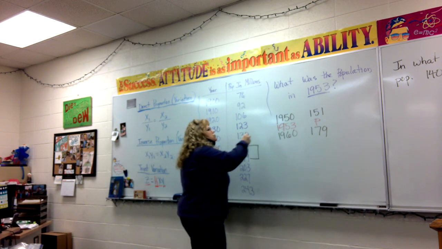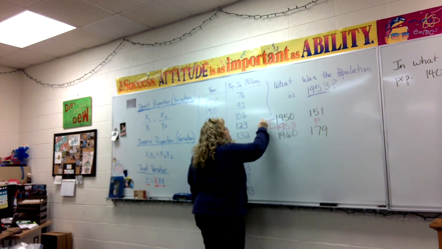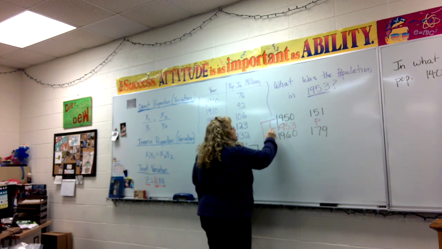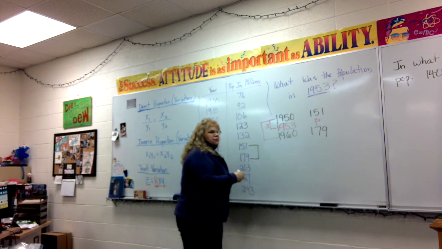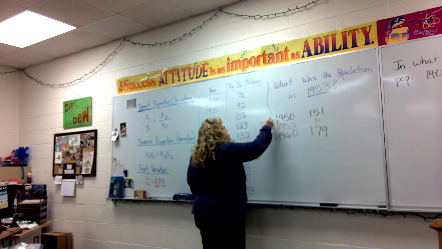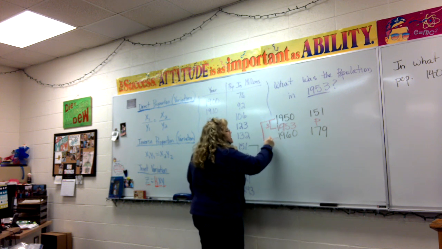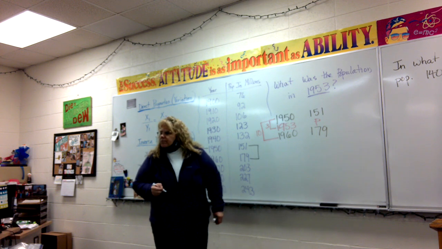And what we're going to do is look at the change. The change here, the change here. What's the change between 1950 and 1953? Isn't that 3 years? What's the change here between 1950 and 1960? That's 10 years.